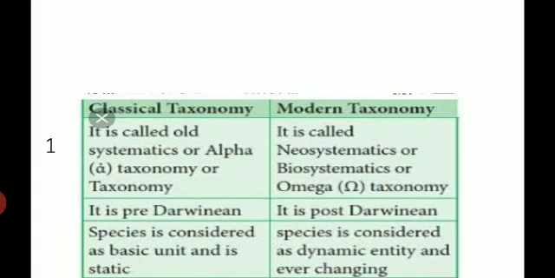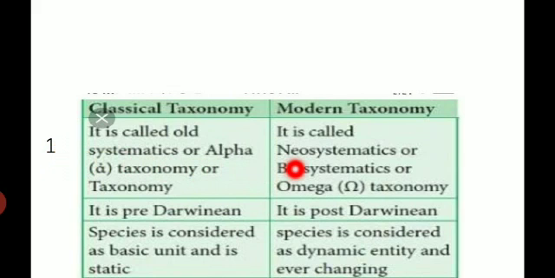Then, differences between classical taxonomy and modern taxonomy. The first one: classical taxonomy is referred to as old systematics, alpha taxonomy or taxonomy.